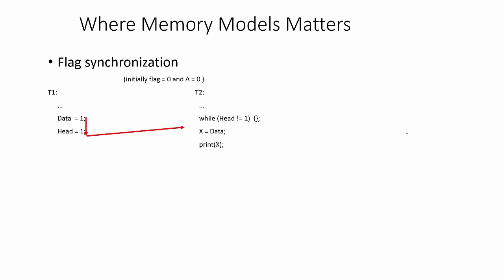So let's see how this works. If you have this flag synchronization, you'll notice that with sequential consistency, this will work, because whatever order you do these stores and loads, at the end T2 will print 1 in this case, because they all see the same order.